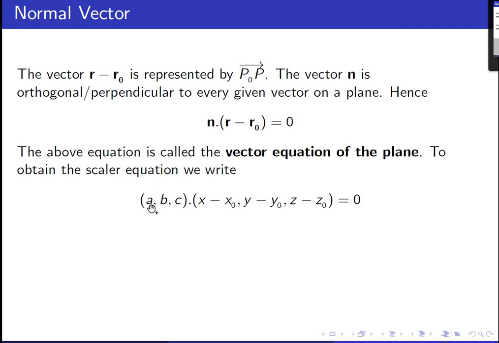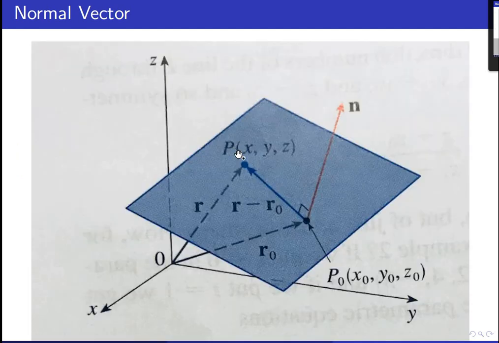We dot together two vectors in R3, and we will get a scalar. So r minus r naught, as you can see, is a vector, but as you recall, r is just the point x, y, z. r is a line from the origin to the point x, y, z, whereas r naught is also a point from the origin with its coordinates being x naught, y naught, and z naught.